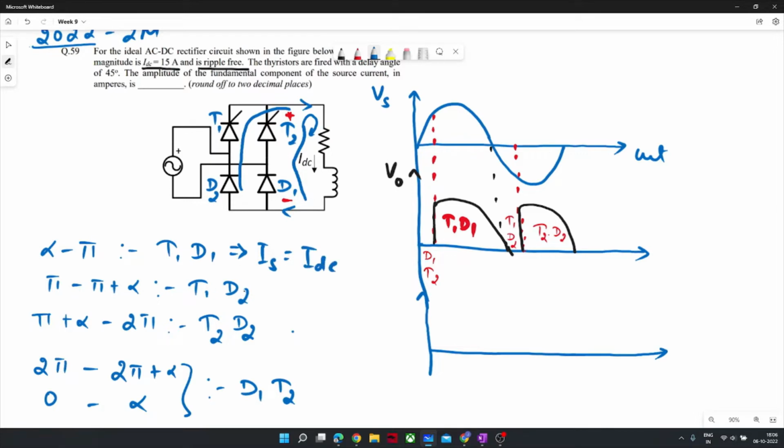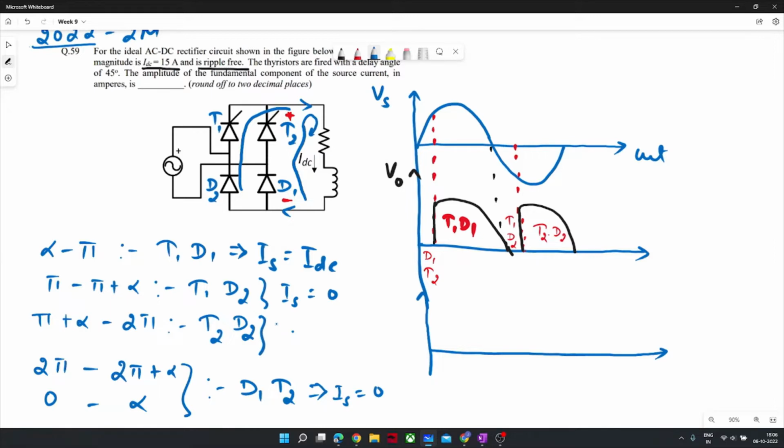When this freewheeling condition is satisfied, no current is being drawn from the source. Only the load current is freewheeling and the source current would be zero. So for this period, IS would be zero, and for this period, IS would be zero.